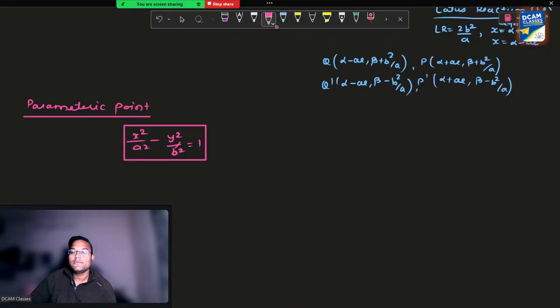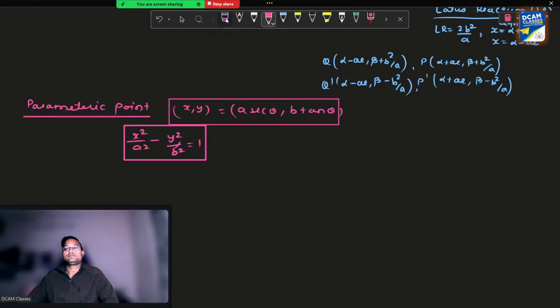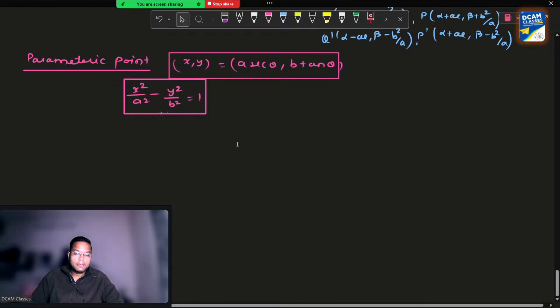So the point that we can take is x comma y is equal to a secant theta comma b tan theta, because this will be satisfying it. You won't find any other convenient point. This is the parametric point.